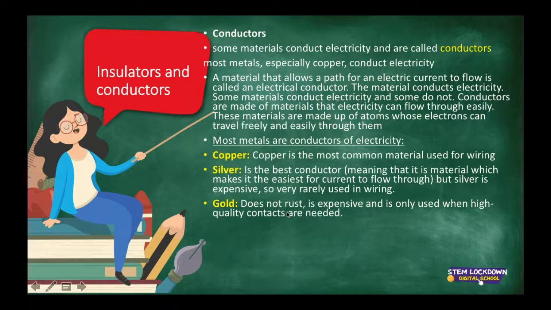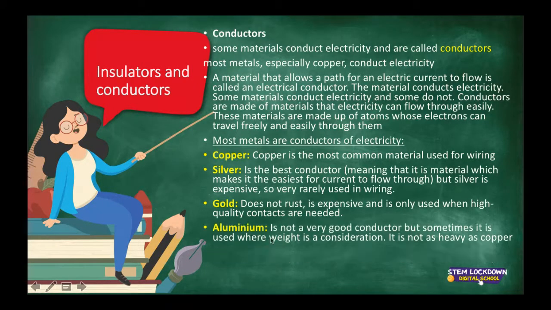It doesn't rust, but it's also very, very expensive. And there's aluminium. It's not as good as all the others, but it is still a conductor, and it is used where the weight is considered, especially because aluminium is not as heavy as copper. So all of these four are very good conductors of electricity.